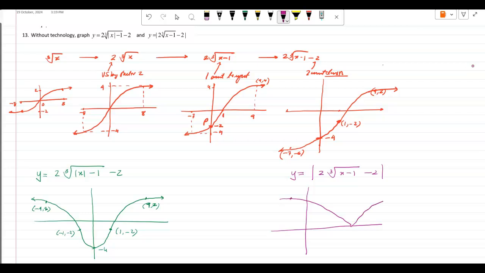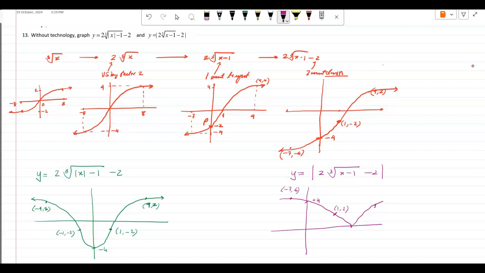This will become minus 7 comma 6, correct? Minus 4 will become plus 4. It goes up. This point here becomes 1 comma 2. This point remains the same and this point remains the same. Whatever is below, you flip that.